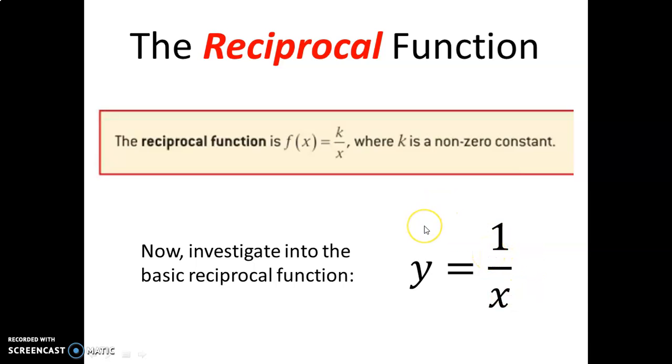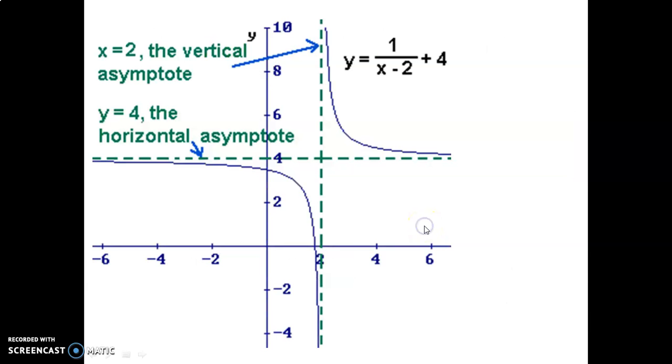So let's investigate this function a little bit more. Basically, you're going to see something like this. We're going to graph a reciprocal function. We're going to notice there's going to be two curves, and there's going to be these kind of gaps between the curves, which are called asymptotes. We'll talk about those a little bit more in our investigation. But basically, on this graph that we see here, we can see that the graphs are approaching these dotted lines, which are not actually part of the graph.